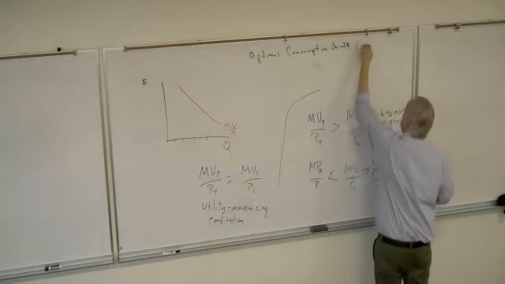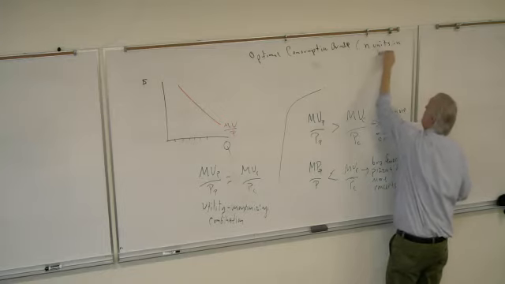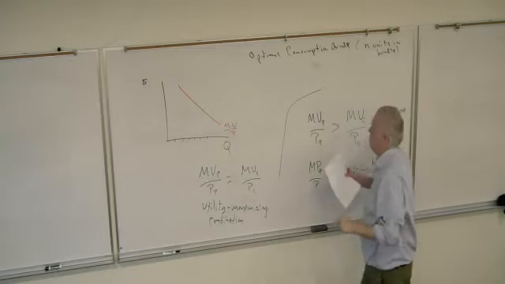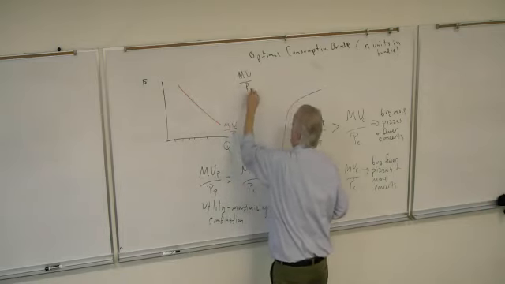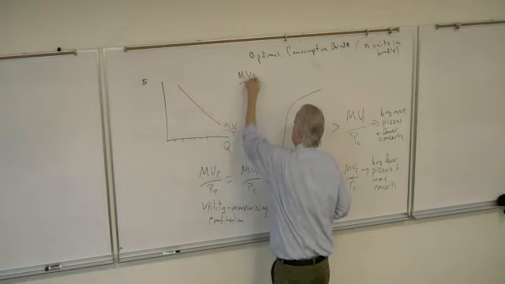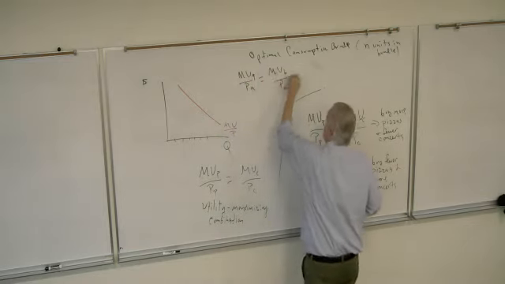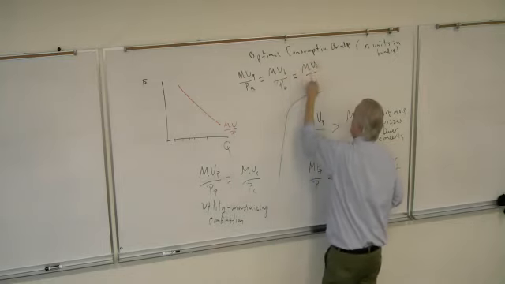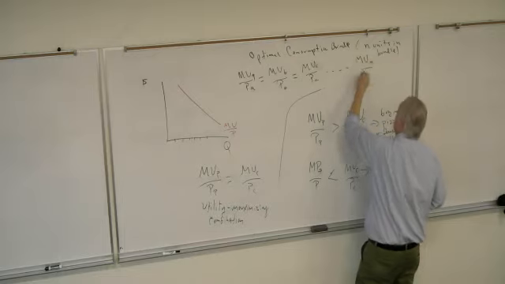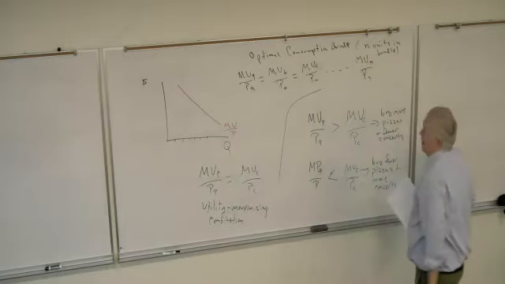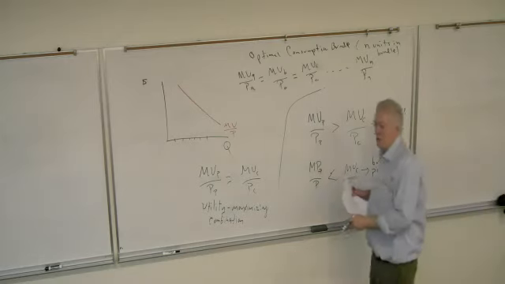If we have, let's say, N units in the bundle, then what we're really talking about is this: the marginal utility to price relationship for good A equals the marginal utility to price relationship for good B, which equals the marginal utility to price relationship for good C, all the way to N goods, if there are N goods in our consumption bundle, that there's an equality among all of those.